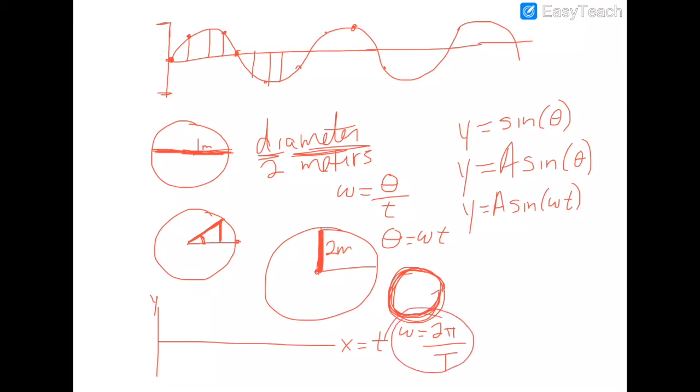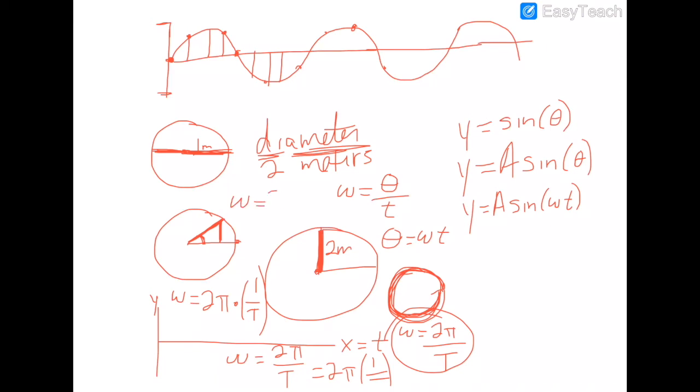Let's take this a little bit further. So angular velocity would be 2 pi over the period. Can't write on there anymore. So angular velocity equals 2 pi times 1 over the period. What is 1 over the period? 1 over the period is frequency, right?